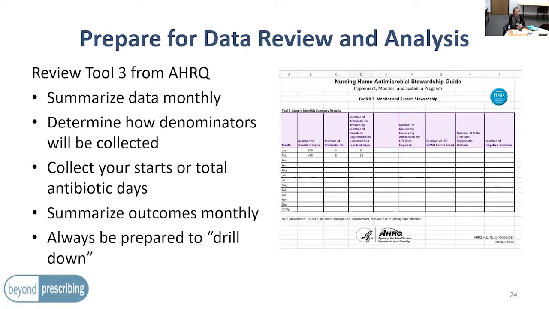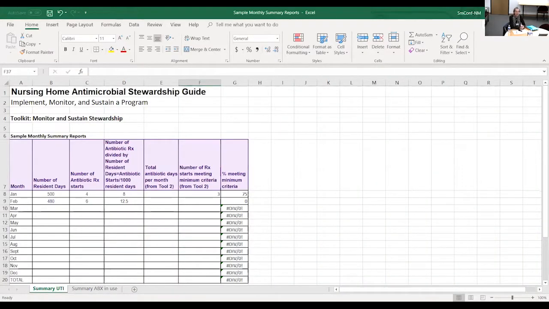You're going to have to determine, are you just collecting antibiotic starts or total antibiotic days? It will summarize your numbers monthly, but always be prepared to drill down because people will have questions like, what happened in February? And you could say, well, we had an outbreak of something and 6 people were treated for whatever. So let's look at how this might play out with the numbers.